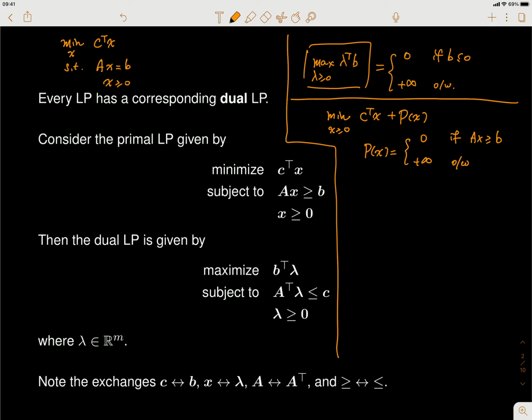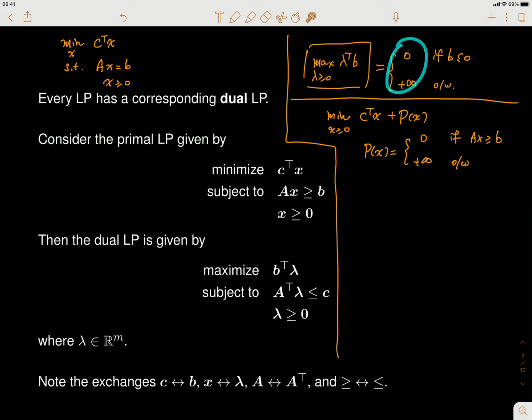So now you can see the relation. I just artificially define this function this way. If x satisfies this inequality, then p(x) takes the value 0. And if not, if any component of the vector Ax is less than the corresponding b_i, then this will take the value positive infinity.